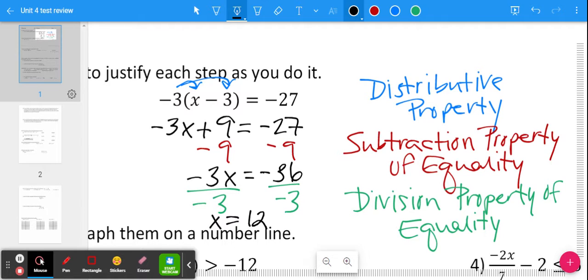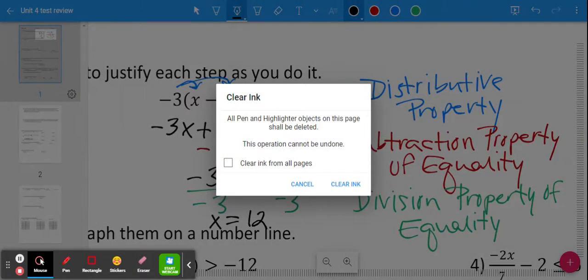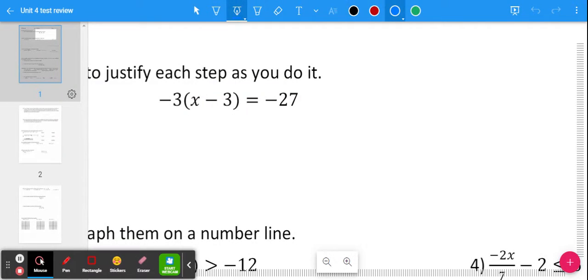So the other method that you could do to solve this, so if you prefer distribution over division, go ahead and write this method down. And I'm going to erase and start over to show the other method. So the other way that you could do this is when you distribute, you're multiplying all terms on one side of an equation by that number that's outside the parentheses.